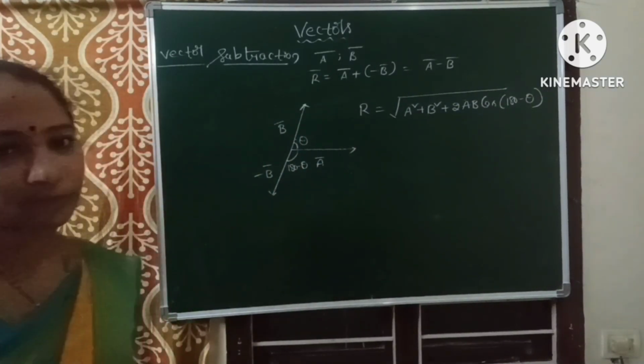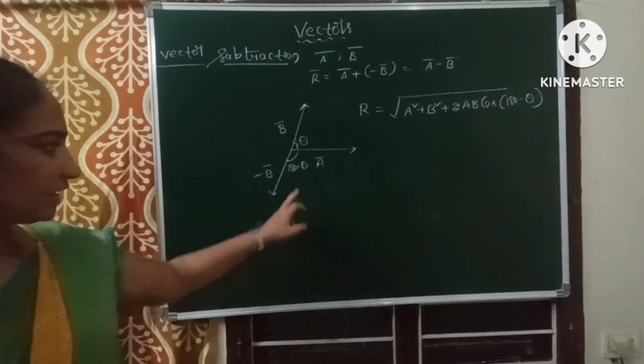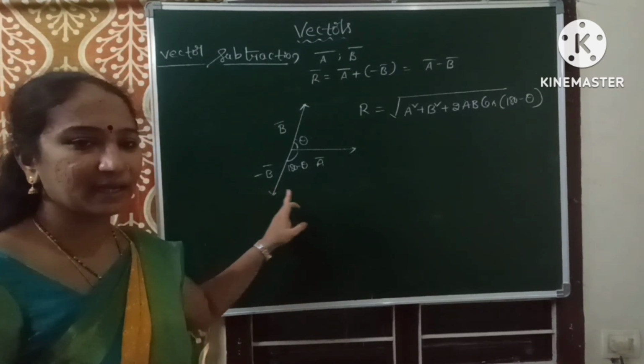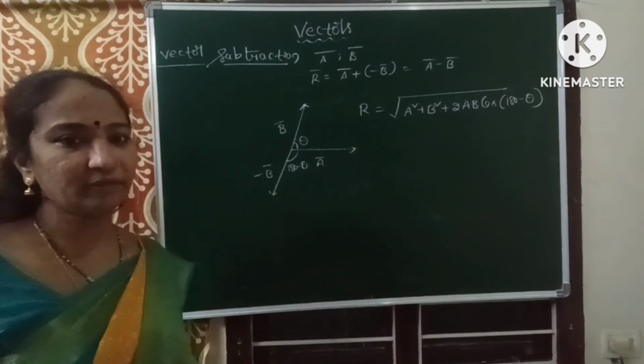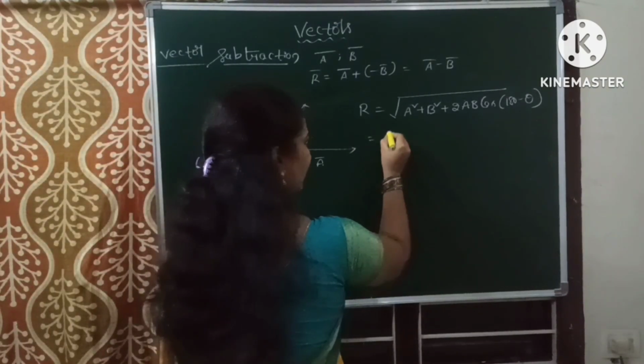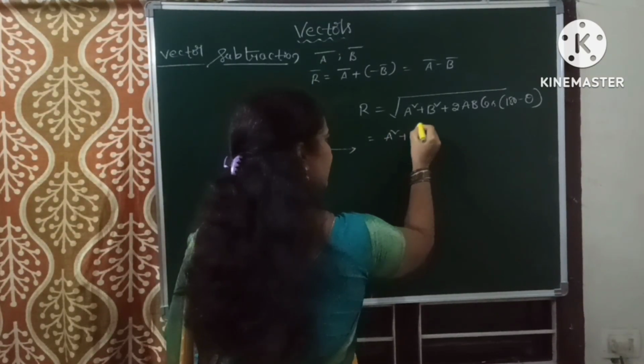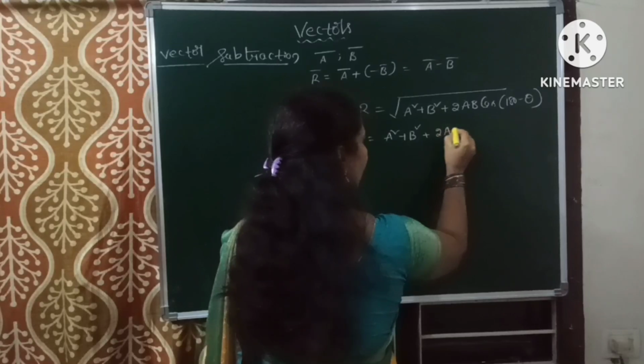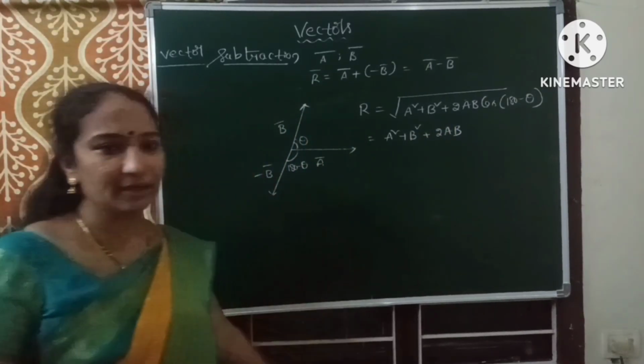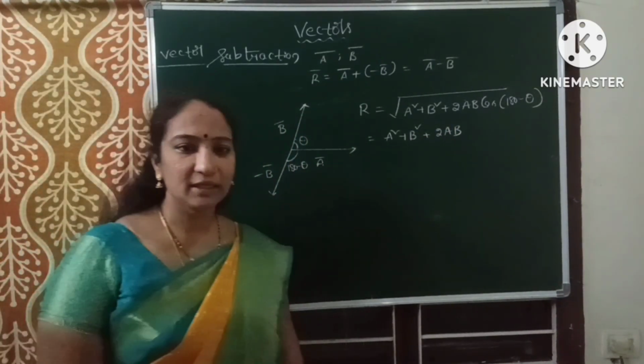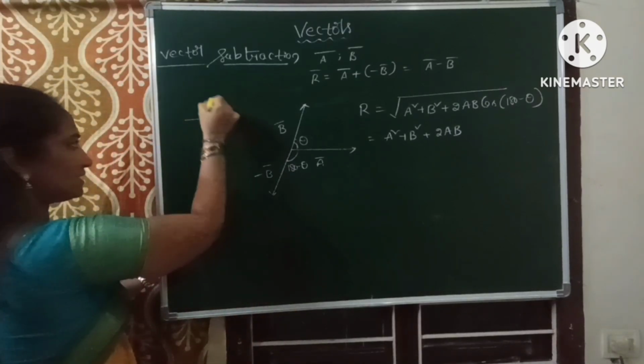Resultant R is equal to, because the angle between a bar and minus b bar is 180 minus theta, here I substitute the 180 minus theta. If you simplify this, a square plus b square plus 2ab into cos of 180 minus theta. Which quadrant is this in? All silver teacups.